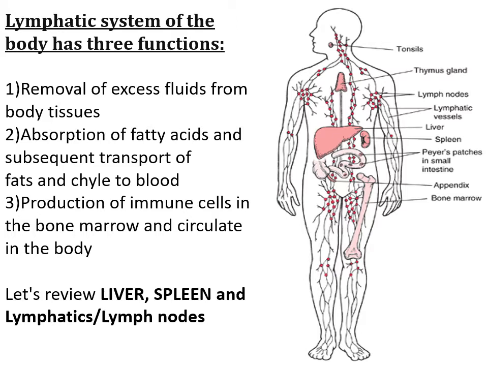So let's just look at the role of the lymphatic vessels and the lymph nodes. Okay, well, the lymphatic vessels that you can see spread out in this image, coming from the neck, coming up the arms, the legs, well, they're responsible for removing the excess fluid from the tissues. So when all those capillaries are flowing through your body, including your legs and arms, they don't reabsorb all the fluid through oncotic pressure.